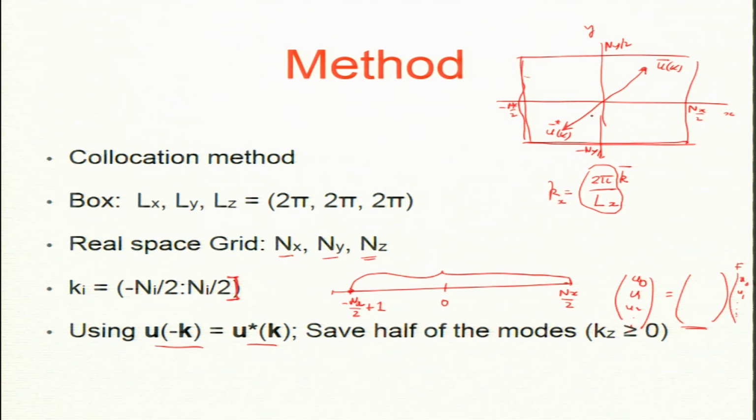If there is any error, then the reality condition will be violated. Time stepping always will have error. When I time step, this number and this number may not be complex conjugates after time stepping. So the best is to get rid of this. You simply don't save this.